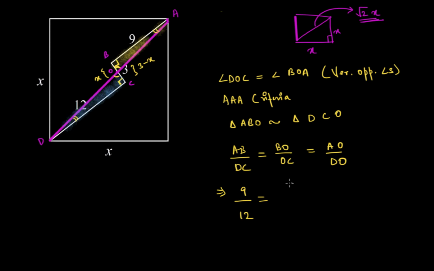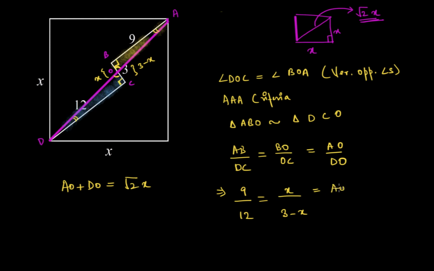So BO is equal to x divided by OC, that is 3 minus x, equal to AO upon OD. Now we don't know the length of AO, neither do we know the length of OD, but we know that AO plus DO is equal to root 2x. So we have an equation here.